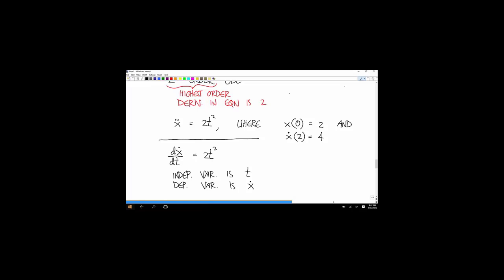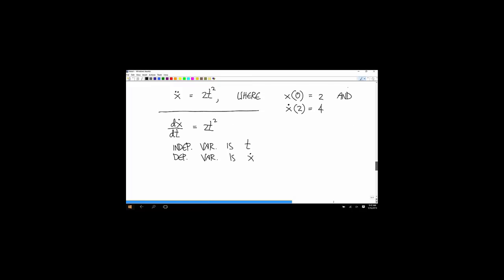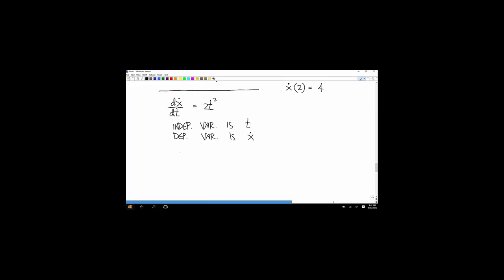This is a function of time times 1, which we can think of as a function of x dot. So we can use separation of variables. Separation of variables is just integration. So you can also just think of that as the fundamental theorem of calculus. And so we get dx dot is equal to 2t squared dt.